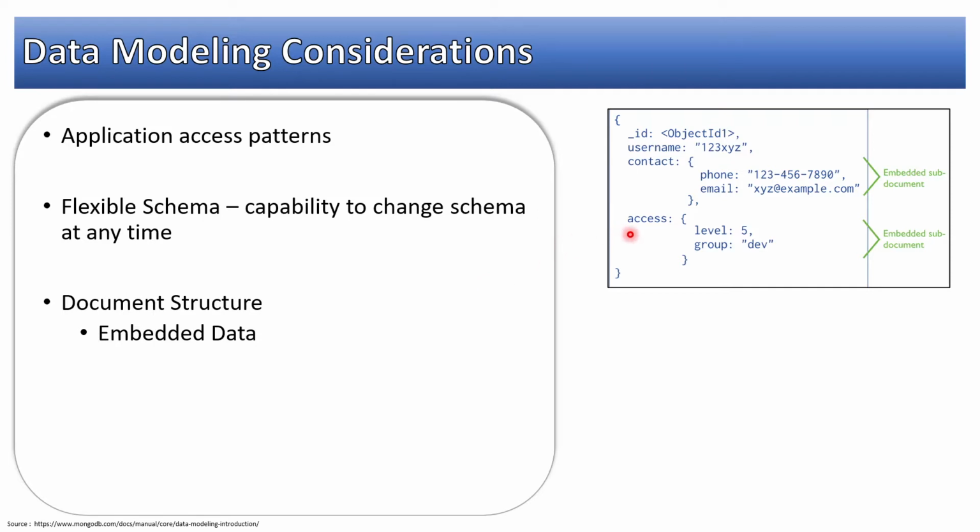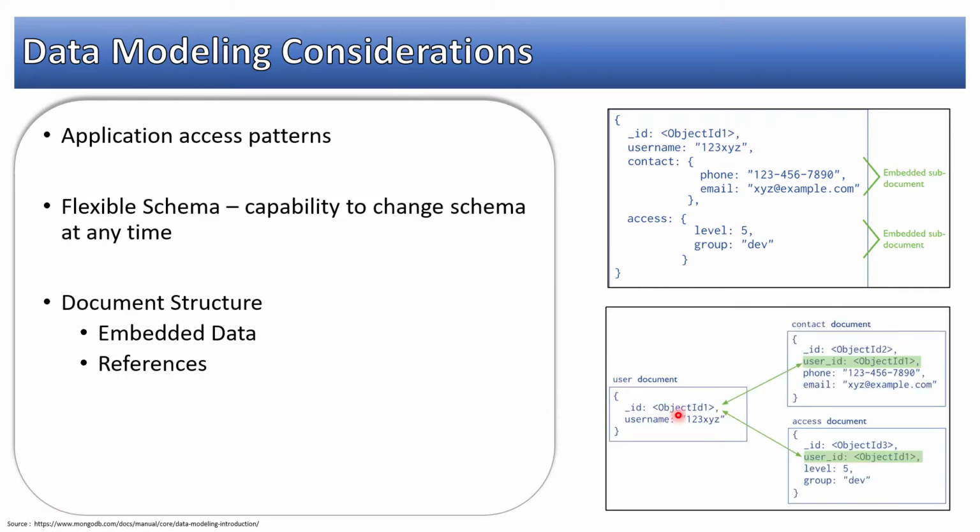Okay, so now here we have a main document with ID and username, and we want to store contact and access level within the same main record. Another option could be that we keep it in a separate collection in MongoDB, and we refer to that ID within this one, or this ID in that one. That also we will see in the subsequent slides.